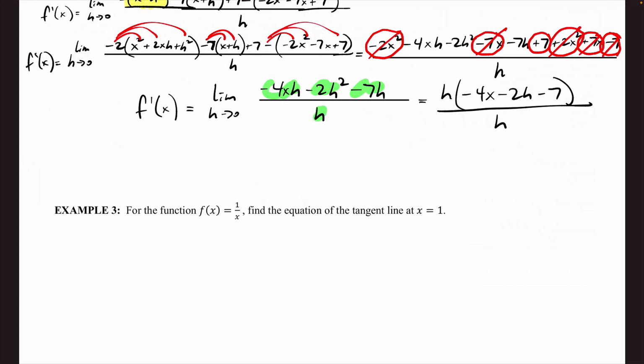The h's cancel out, so that means I can't get 0 on the bottom anymore. Now, as h approaches 0, what would the limit be?